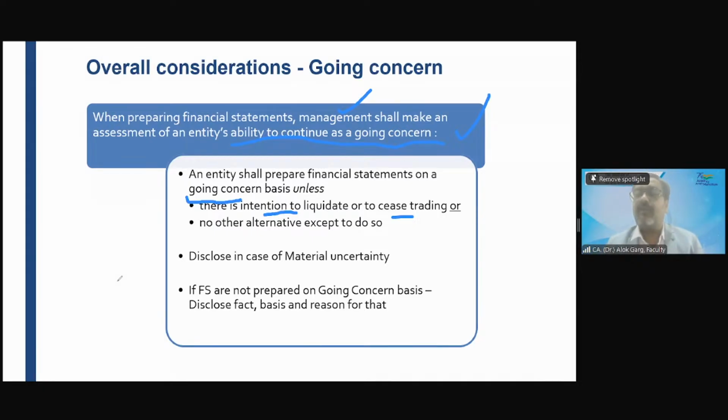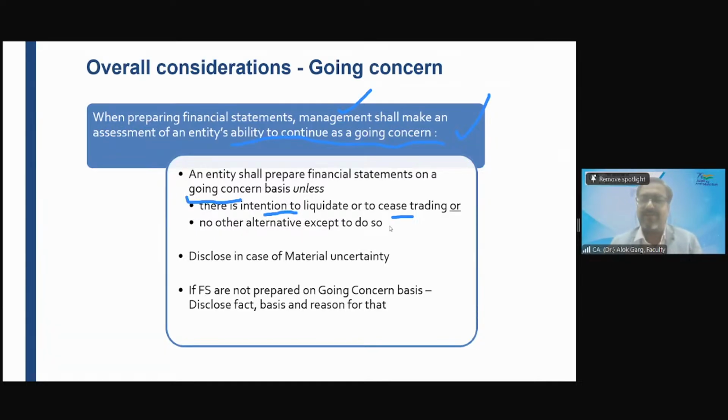But due to this government announcement, they don't have any alternative except to shut down the business, except to liquidate, because they are in a single product line and they are feeding BS4 engines, which are not prevalent anymore. So friends, in this case, this entity does not have any alternative except to shut down the business.